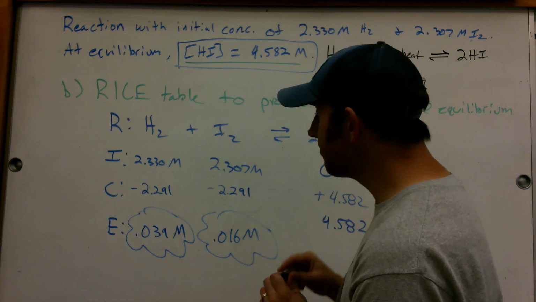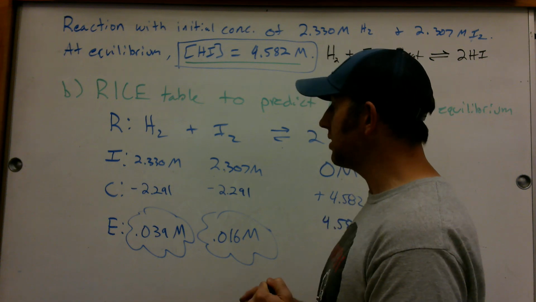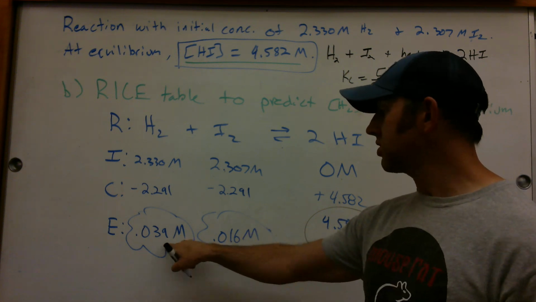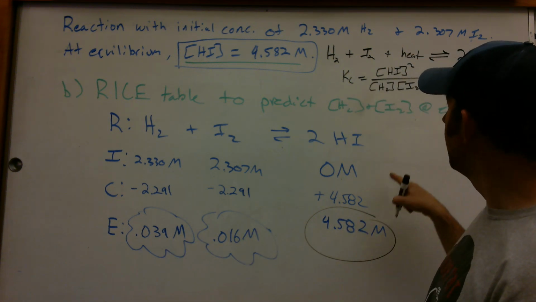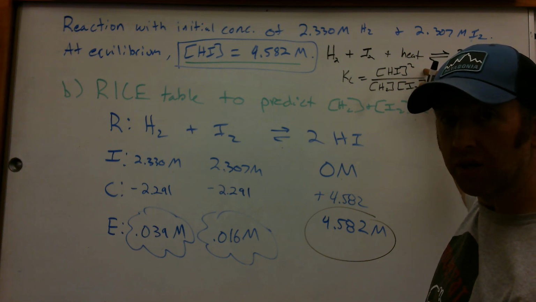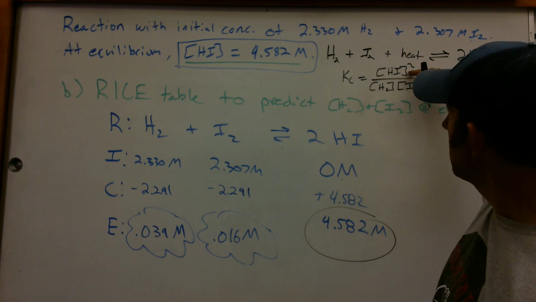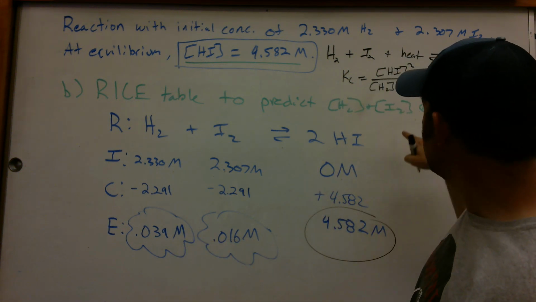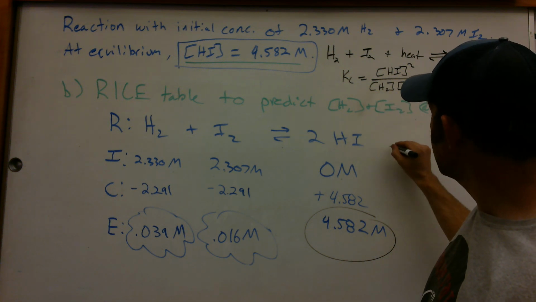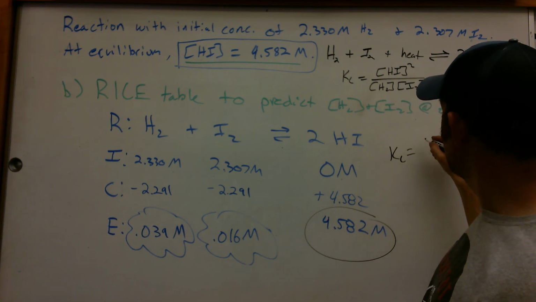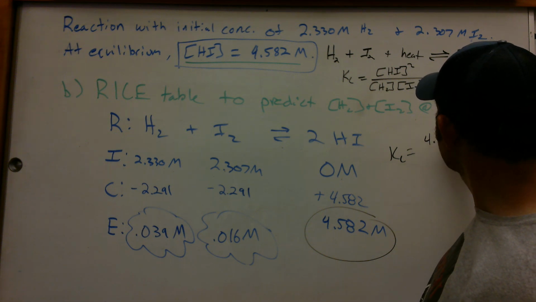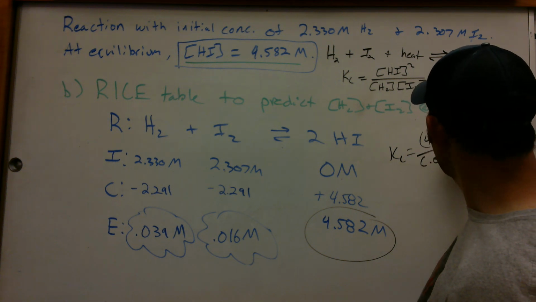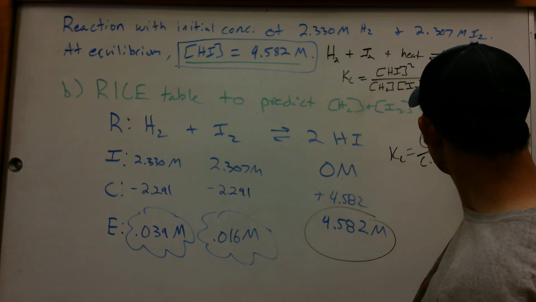Okay, so if I wanted to know my equilibrium constant, I just simply need to take these three values right here. These two I calculated, this one I was given, and I plug them into my equation here. So 4.582 would go up here for the molarity of hydrogen iodide, 0.016 and 0.039 would go in for my iodine and hydrogen. So my Kc should be equal to 4.582 squared over 0.039 times 0.016.